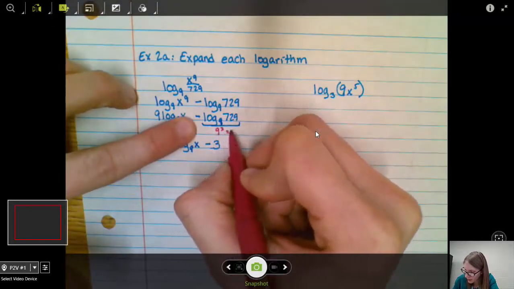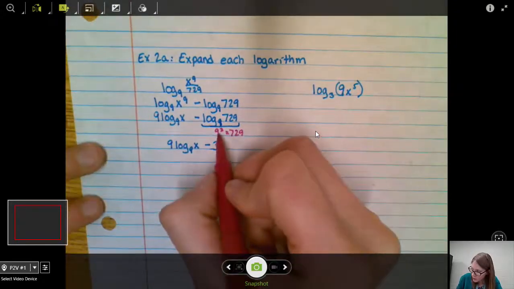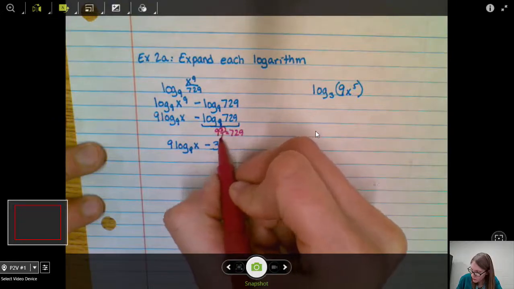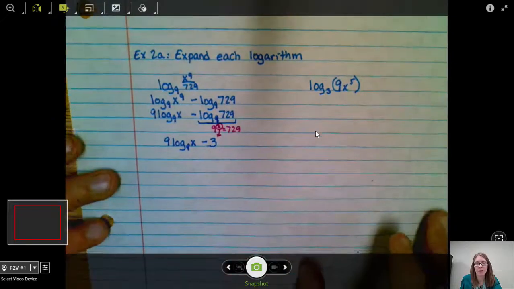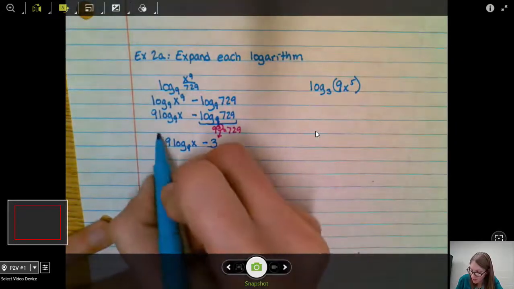I'll add that in a different color here. 9 to the third power is 729. So 9 log base 9 of x minus 3 is our answer.